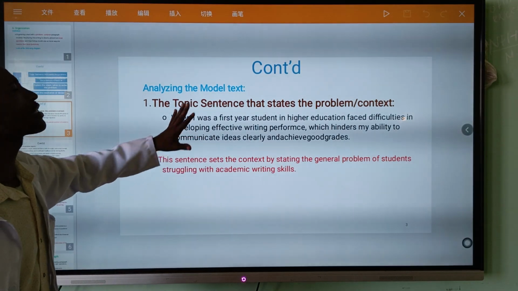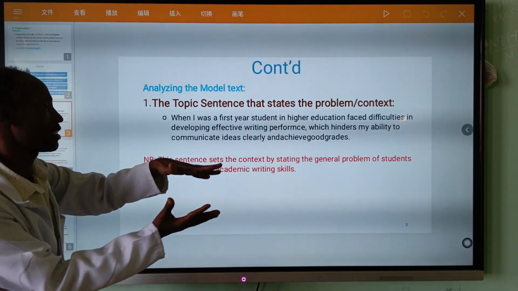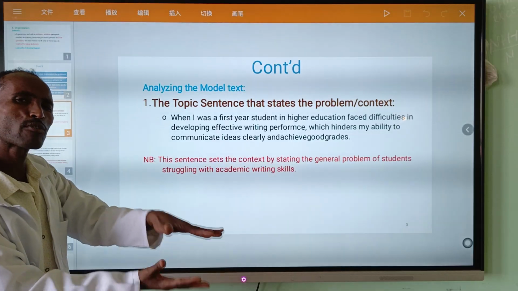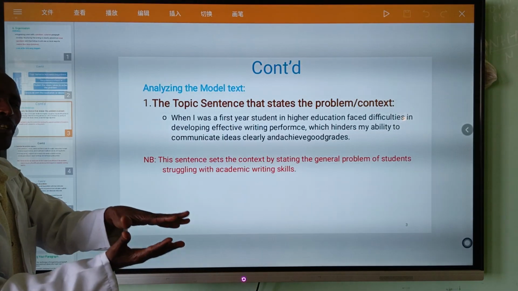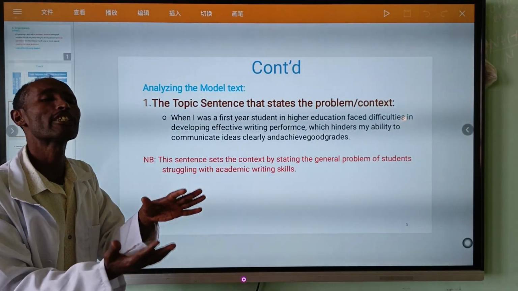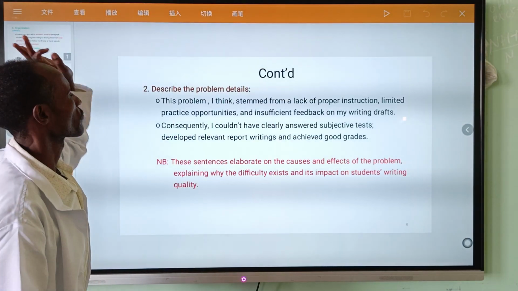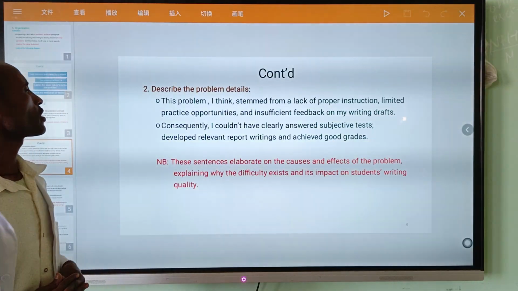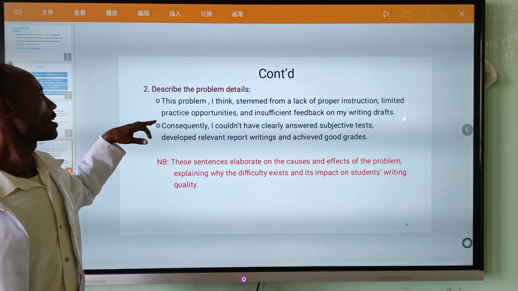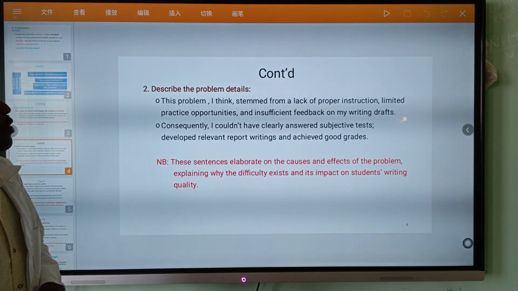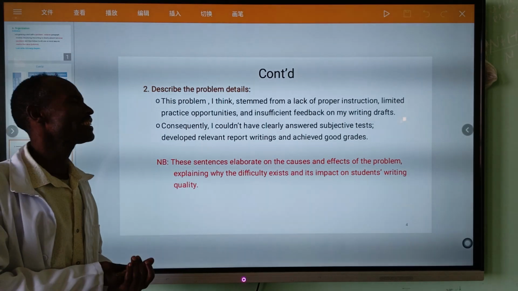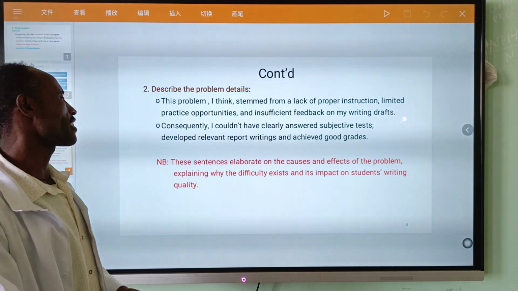Therefore, it describes the problem in detail. The topic sentence in the problem solution paragraph in the model text describes the problem in detail. In addition, this problem, I think, stemmed from lack of proper instruction, limited practice opportunity, and insufficient feedback on my writing drafts.